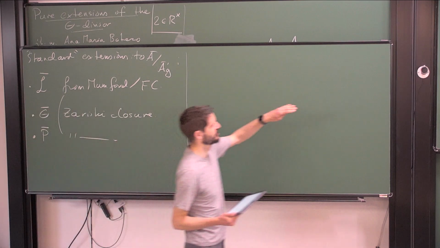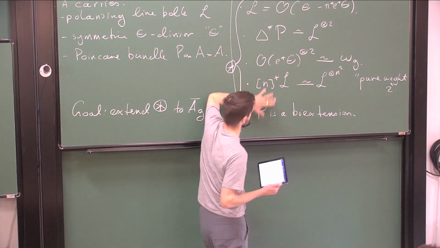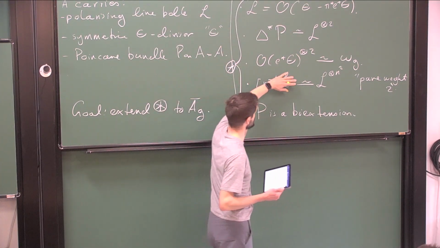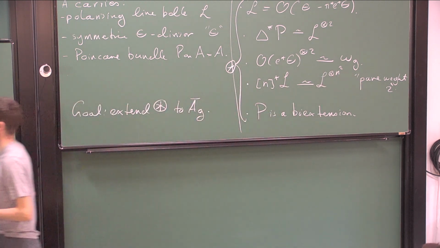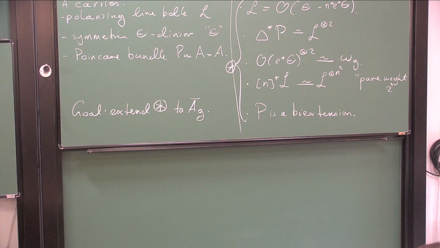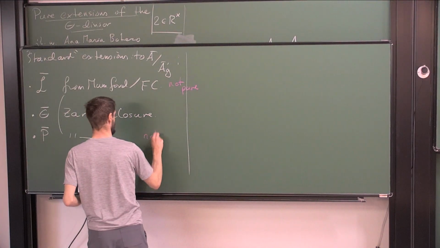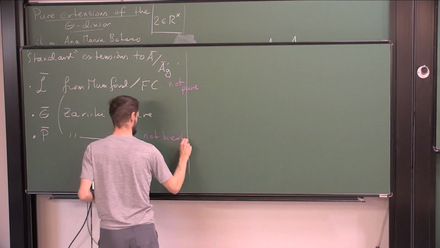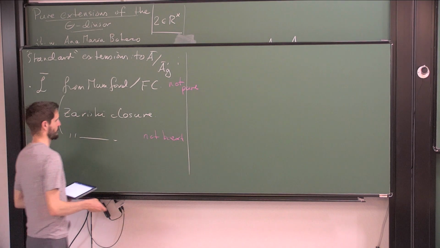If I look at my list of things I want them to satisfy, the first three are okay if I put bars everywhere. But the last two completely fail. This line bundle extension is not pure weight 2, and the Poincare extension isn't a bi-extension. This guy is not pure. And so those are the two things that I want to fix.